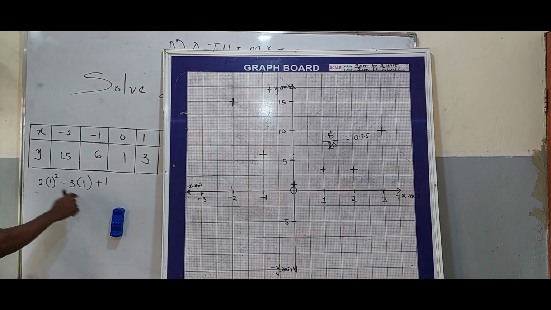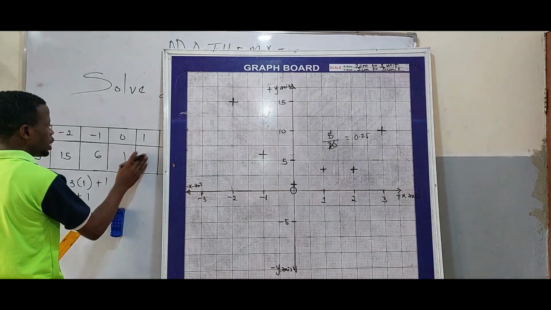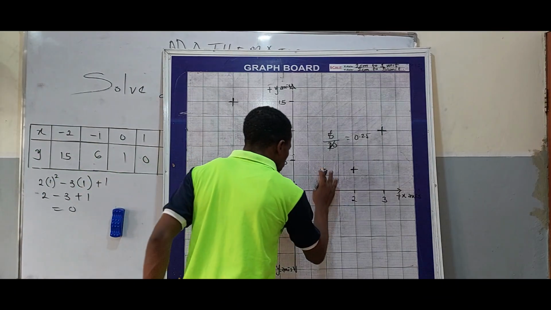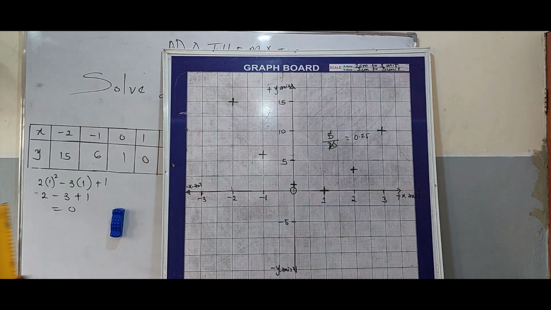This should have been minus 3, so we have 2 minus 3 plus 1, and that should be 0. That means y should be 0 here. So apology for that. So 1 and 0. So this should have been this point. 1 and 0.